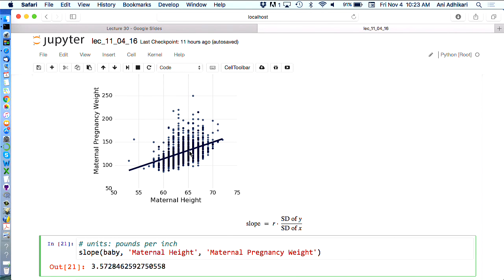It's going to be higher by about 3.6 pounds. 3.6 pounds per inch is how much that line rises. And your line is picking off the centers of the strips, roughly, very roughly in this case. And so for every inch you go over, your prediction is rising by 3.6 pounds.